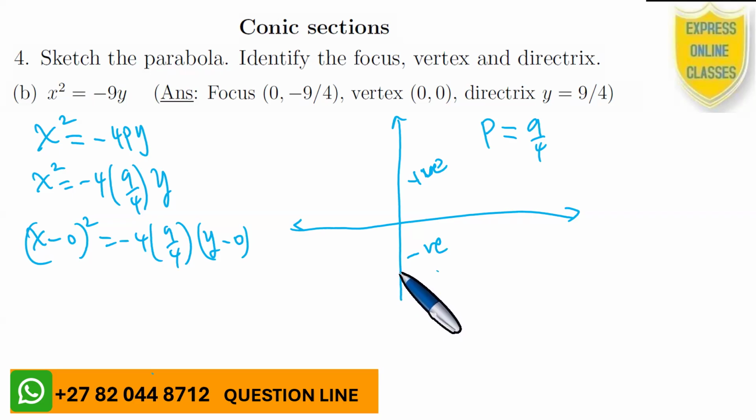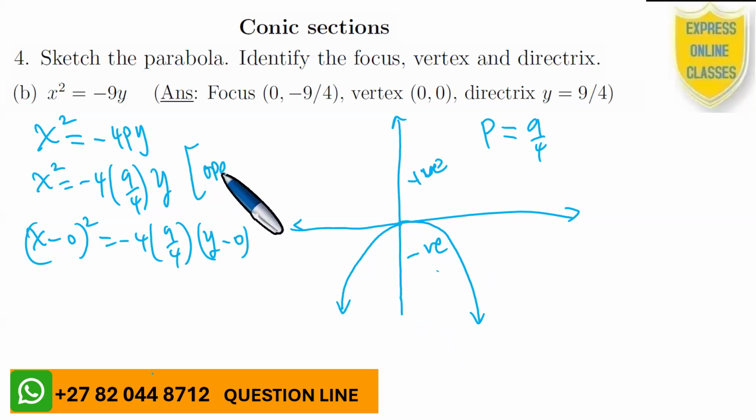Therefore the graph is going to go to the negative side of the y, like this, and as a consequence, it opens downwards.